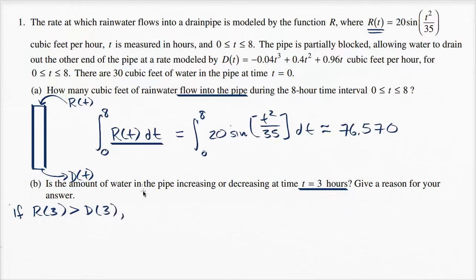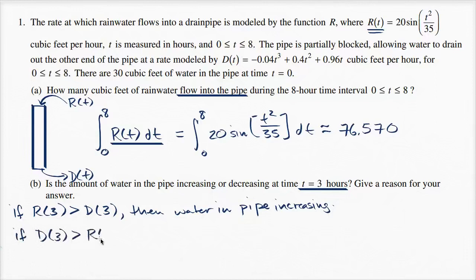So water in the pipe is increasing. And if it's the other way around, if d of 3 is greater than r of 3, then water in the pipe is decreasing. Then you're draining faster than you're putting into it. So water in the pipe is decreasing.